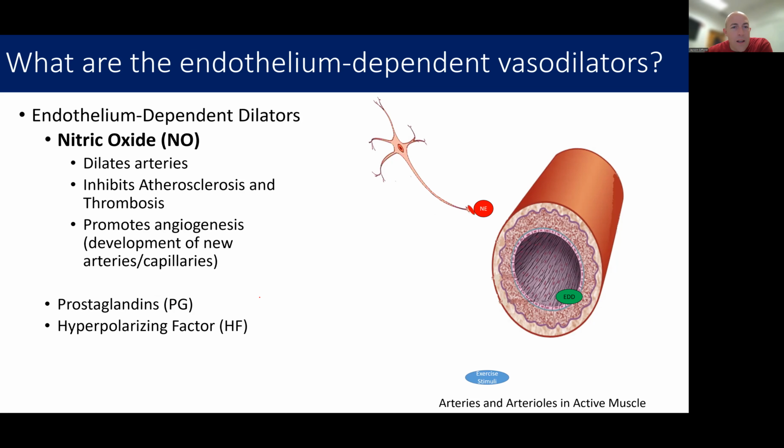Now, in my research, some of the stuff we do is we study blood flow, and we know that nitric oxide causes dilation of the arteries, and these things also cause dilation, and they also play a role in this, like inhibiting atherosclerosis and other things to an extent. So we use the artery's ability to dilate. We can measure change in blood flow very easily.